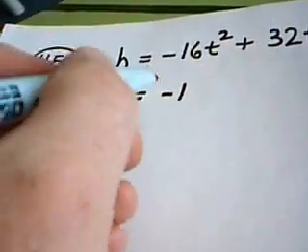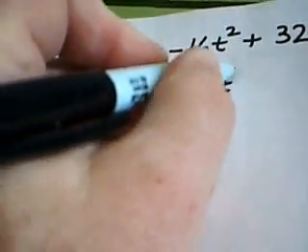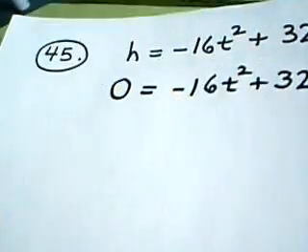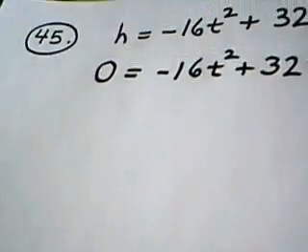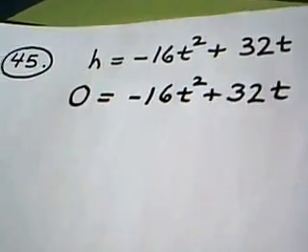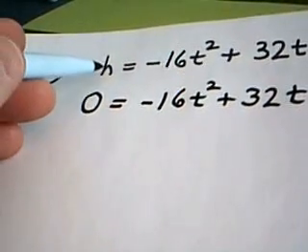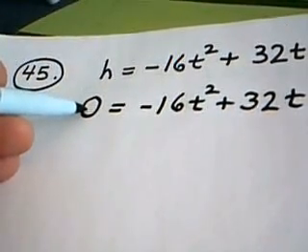And again, the reason I'm replacing h with 0 is I'm trying to find out when the object is on the ground. Well, the object is on the ground when height above the ground equals 0.